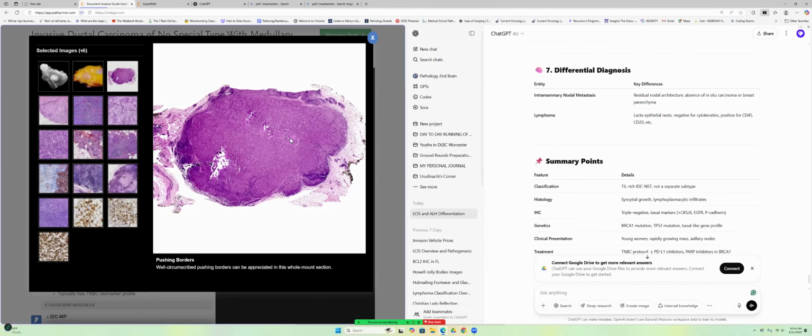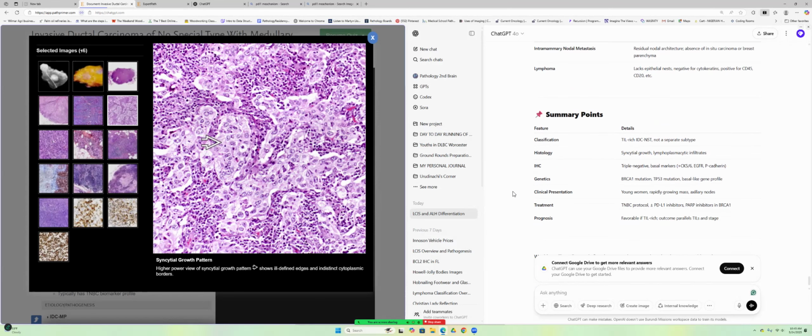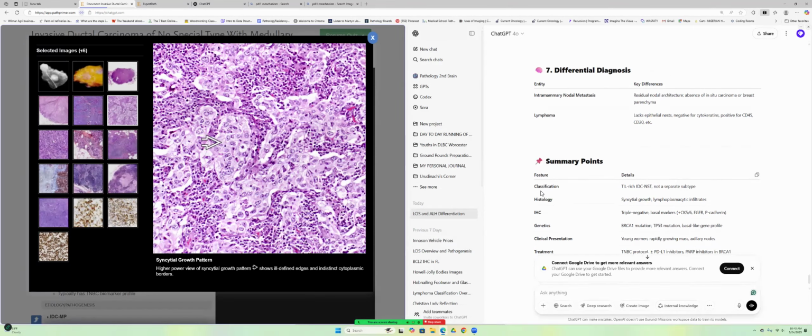Sometimes medullary carcinoma may resemble lymphoma. How do you differentiate it from lymphoma? Histologically you should be able to distinguish them from the growth pattern of the tumor cells.